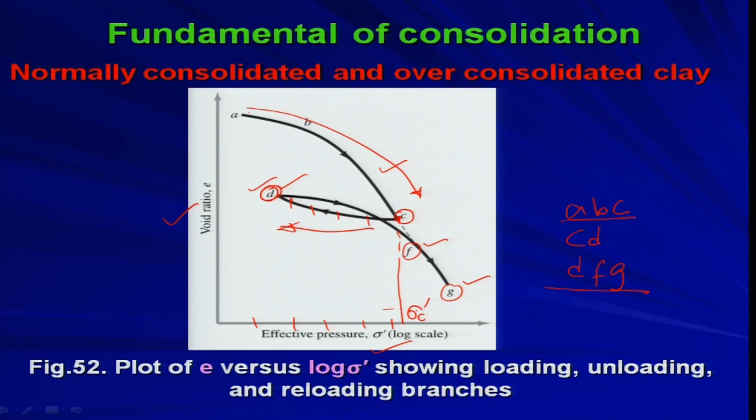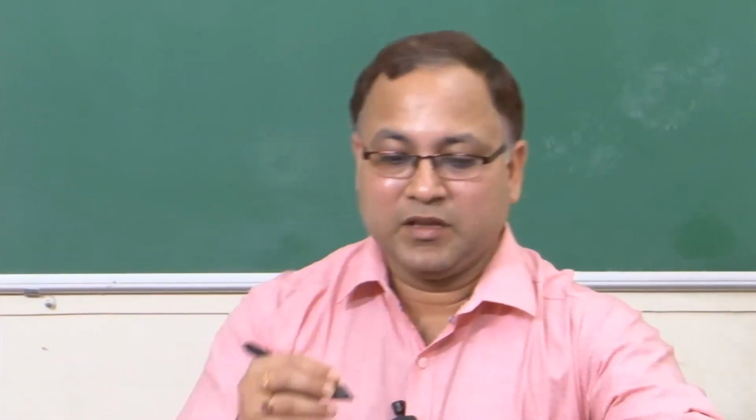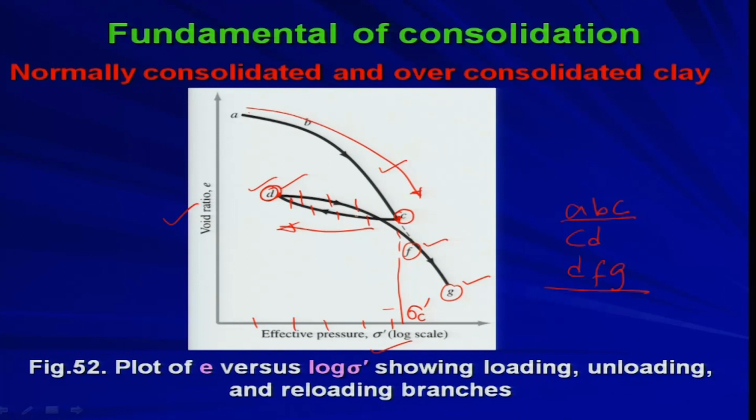Now, some unloading happened along the path CD. Now, you are at point D. Now, you are reloading it, that means you are applying the load again. What will happen? You are reloading, but you see you are getting some flatter slope.